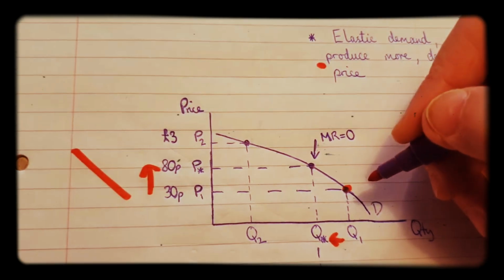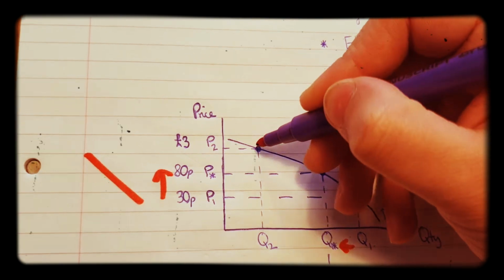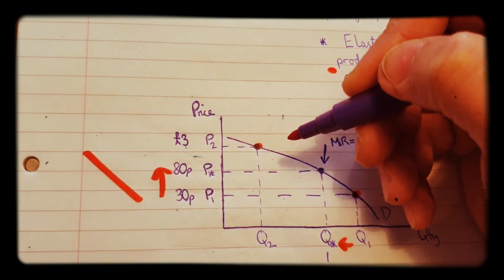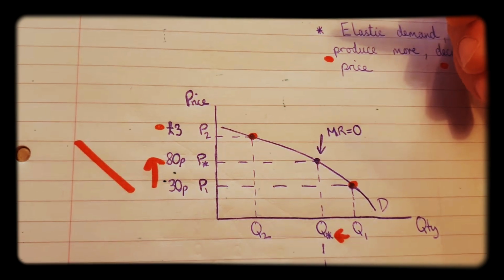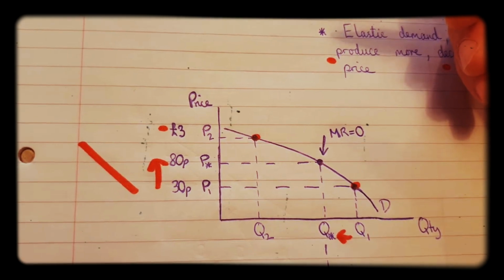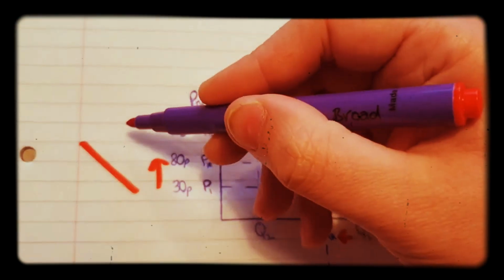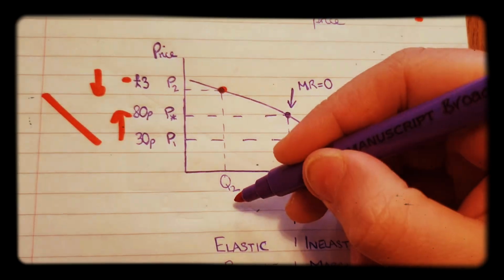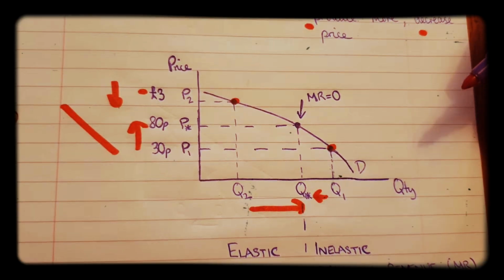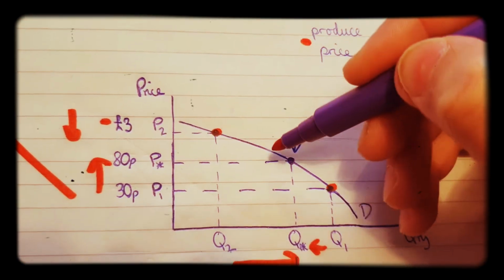Okay, now if we now go to this example up here, this quantity, the price of the cheeseburger is very, very expensive. It's £3 for each one. Okay, so in this example, if the firm were to decrease the price, it would lead to a massive increase in customers. Okay, so notice the difference in the elasticity.